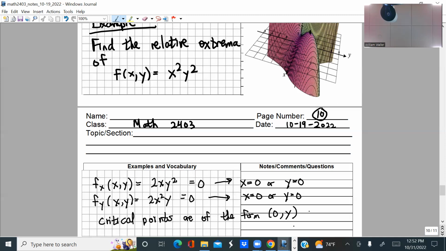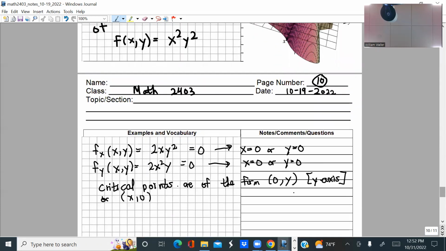And you're going to get the same thing for the x-axis. X can be anything, but if y is 0, then you get a critical point. So there are lots of critical points. That makes us suspicious already about these critical points, I think.